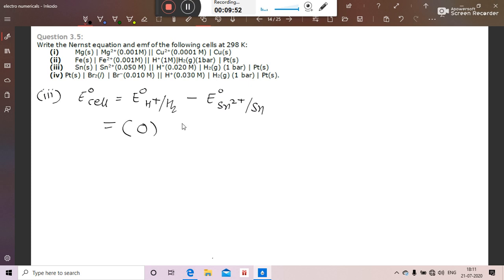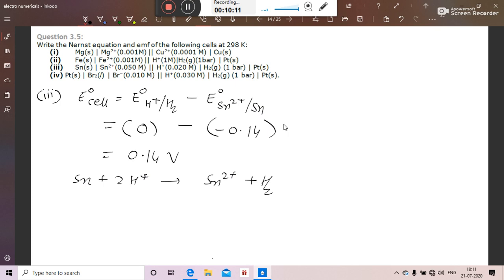For hydrogen it is 0 minus the reduction potential of tin, which is minus 0.14, so minus minus becomes plus, so it will be 0.14 volt. Now the balanced equation will be Sn plus 2H+ gives Sn2+ plus H2.